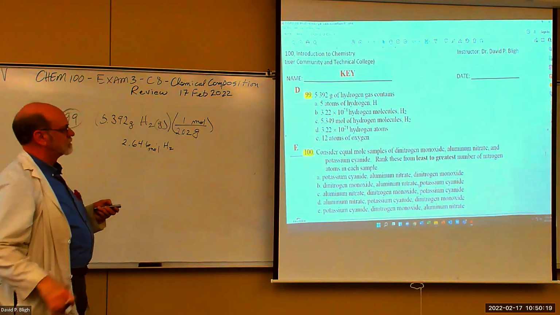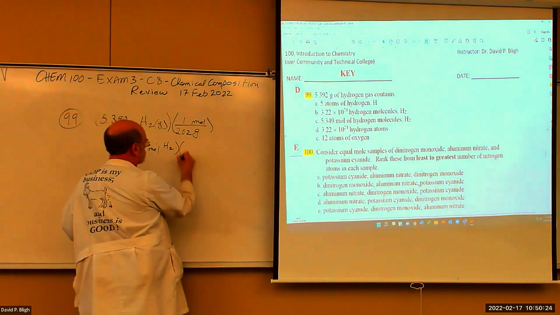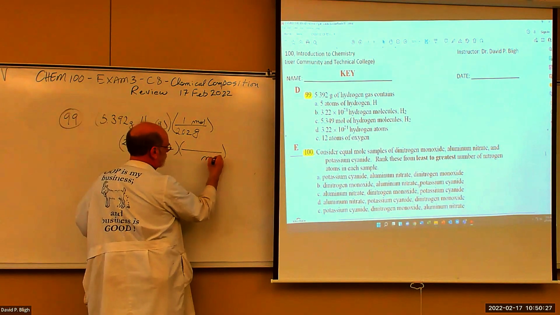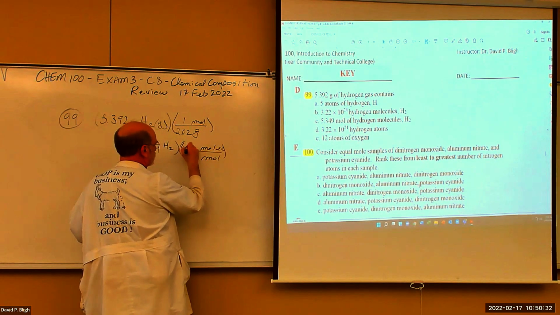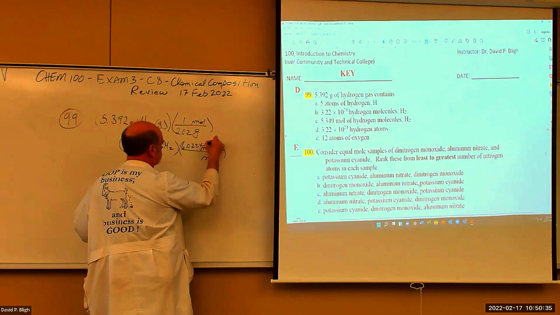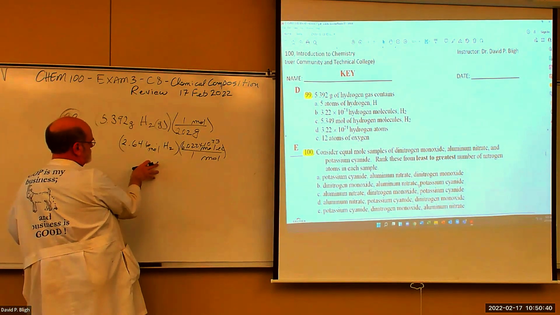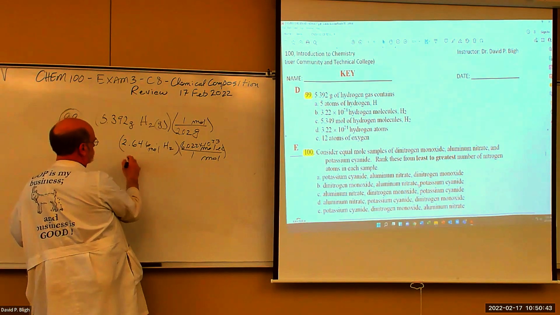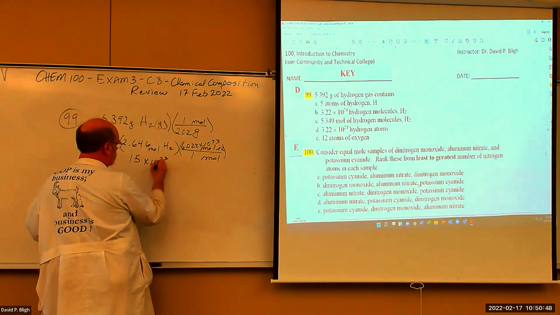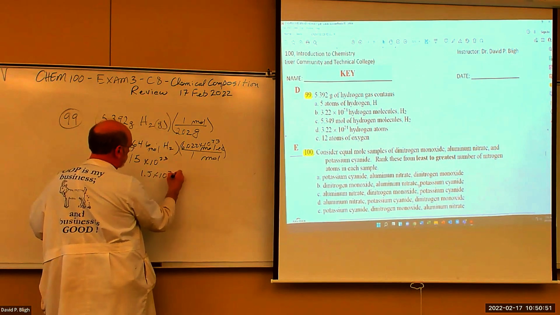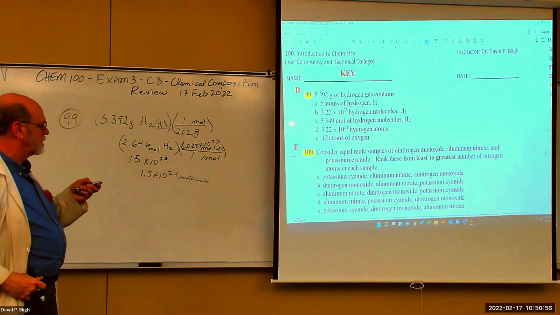That's moles of hydrogen molecules. Right. So convert that to molecules. 6.022 times 10 to the 23rd would be about, let's see, 3 and 15, about 15 times 10 to the 23rd, or 1.5 times 10 to the 24th molecules. 1.5.